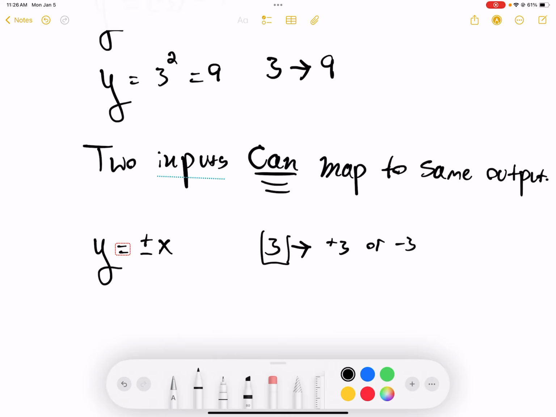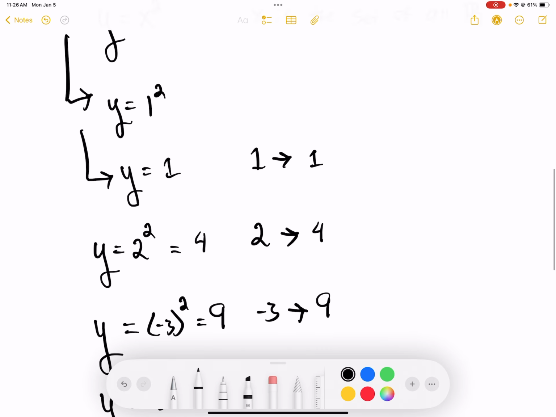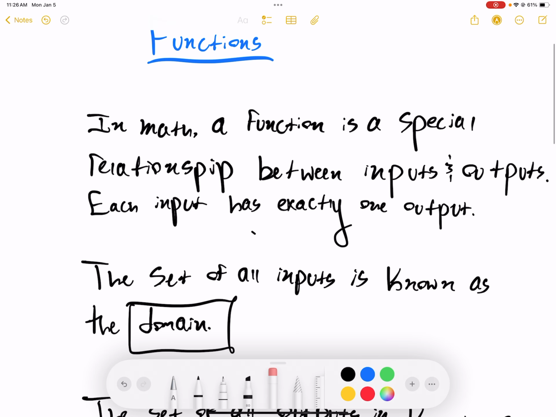This one input maps to two outputs. In our definition, a function is each input has exactly one output. So this breaks our definition. This input has two outputs, not allowed, and so it's not a function.